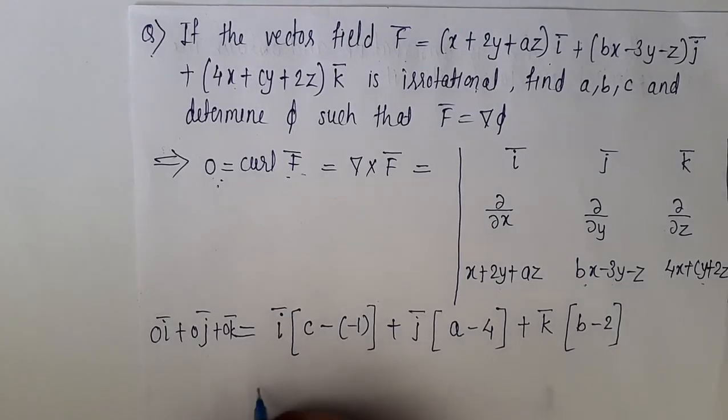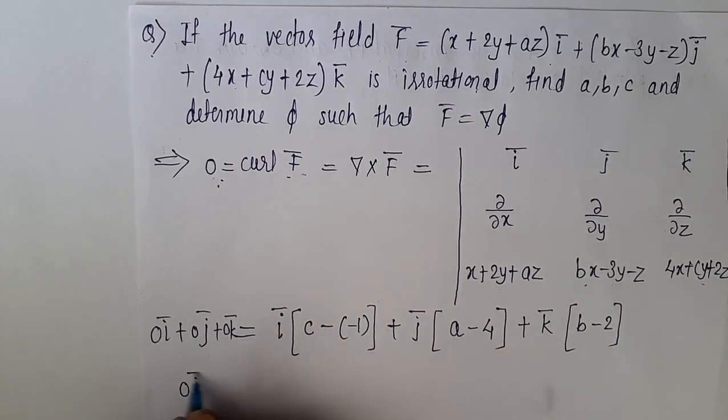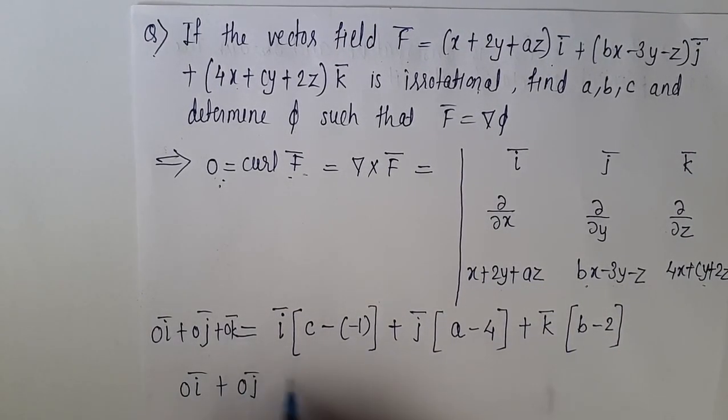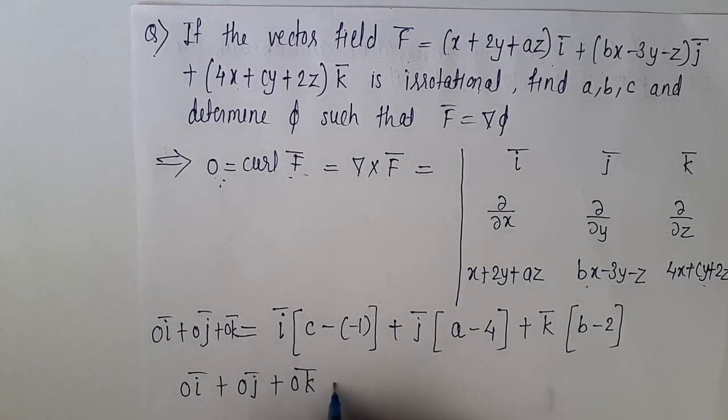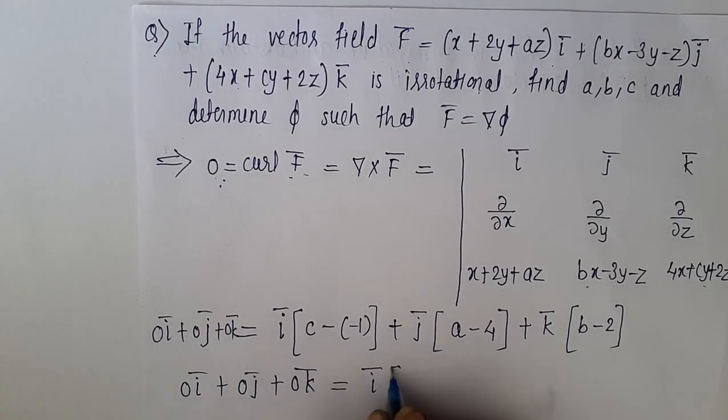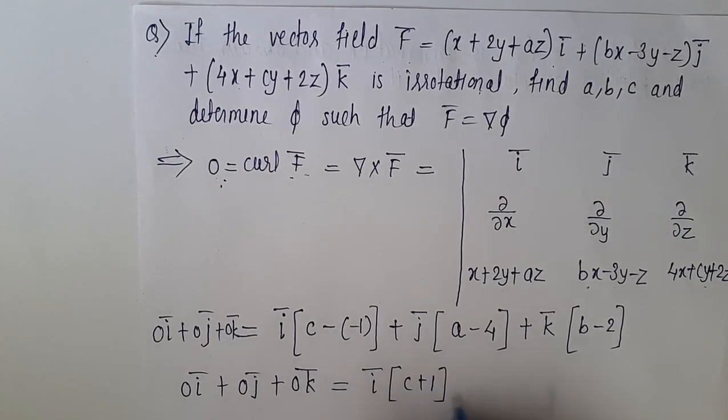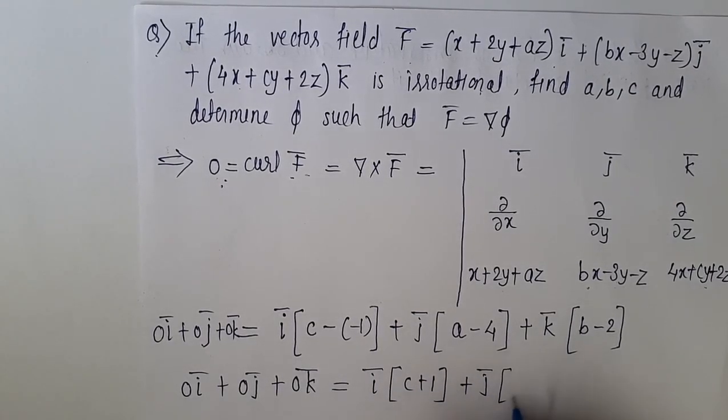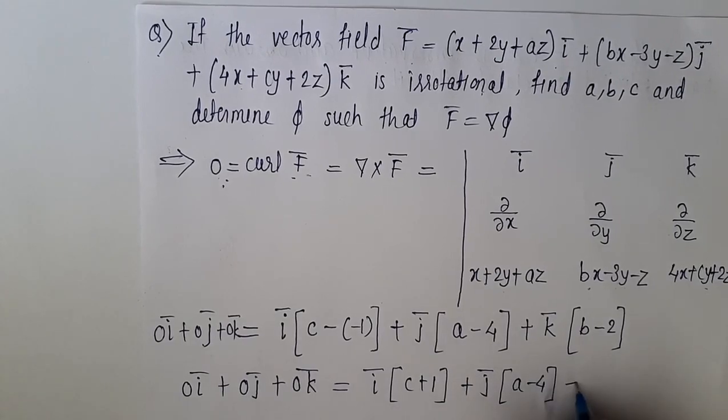Now equating both the sides, 0i plus 0j plus 0k is equal to i times (c plus 1) plus j times (a minus 4) plus k times (b minus 2).